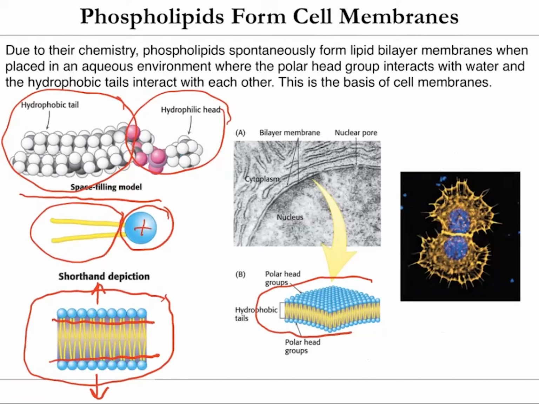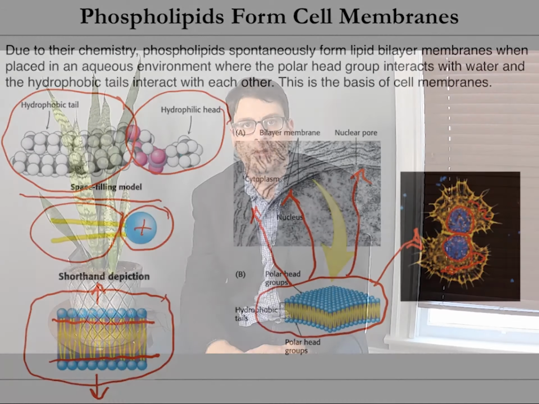So this structure right here in 3 dimensions is what forms all these different membranes that you find on the outside of the cell. So this would be a picture of the outside of the cell, but there's also membranes around the nucleus and all different little components and organelles within the cell. So phospholipids, because they have this hydrophilic head and this hydrophobic tail, are what are going to form the cell membranes. And we'll talk a bit more about cell membranes in the next lecture.